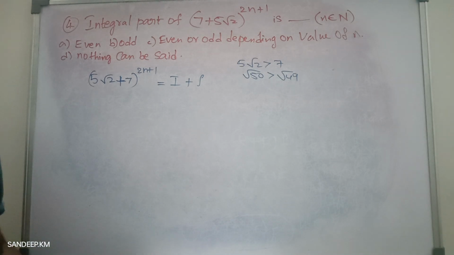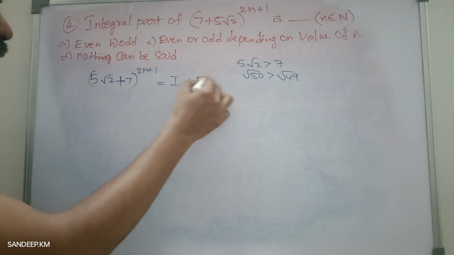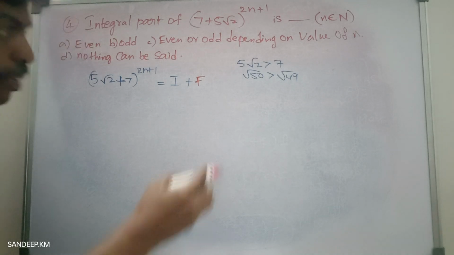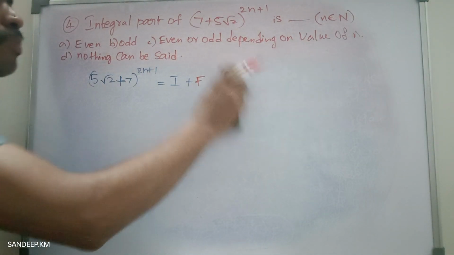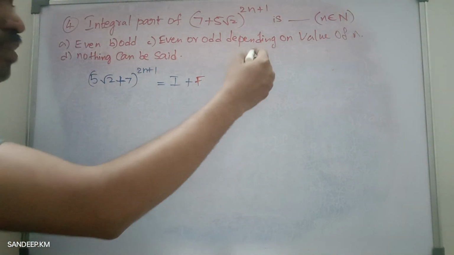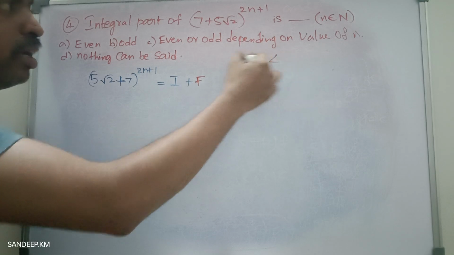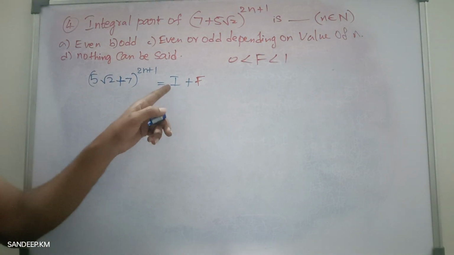Let this expansion be equal to I plus fractional part capital F, where capital F is between 0 and 1. As we have discussed in previous models, capital F is between 0 and 1 and I is an integer.